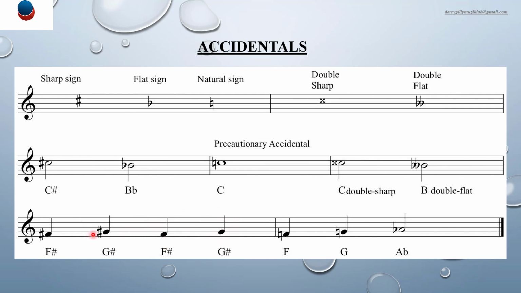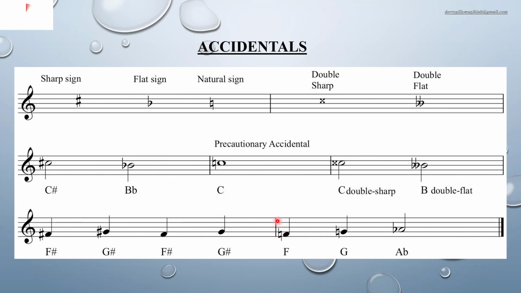Because this sharp is being affected, all this line will be affected until there is a bar line to tell us that this bar has ended. So therefore, any note outside of this one, unless being altered, cancels automatically the accidentals that are affecting it.